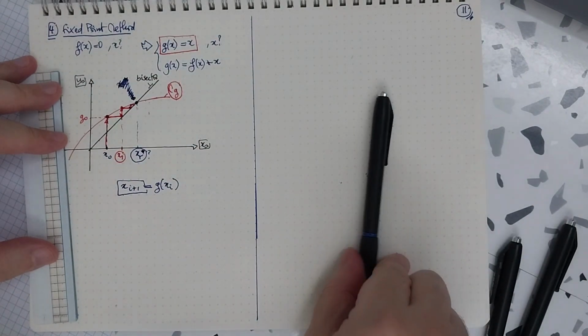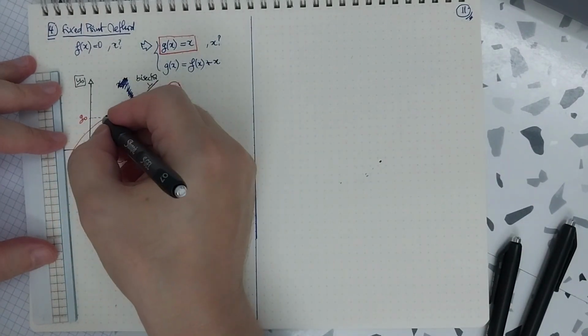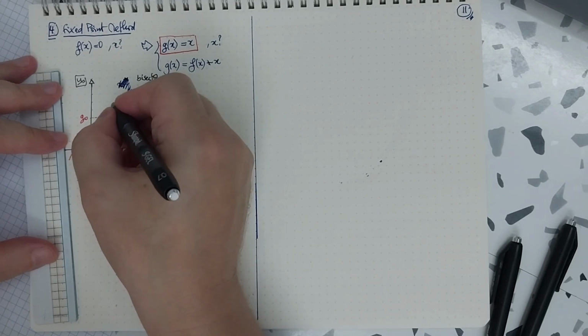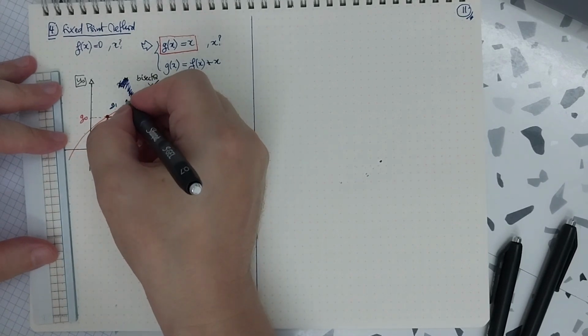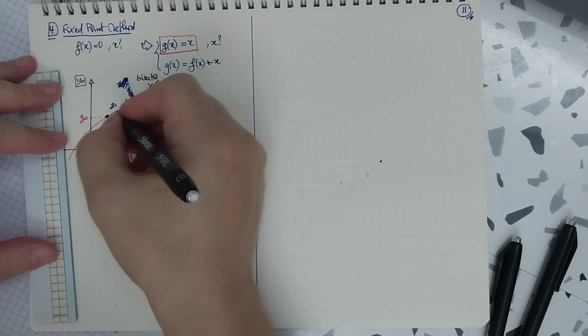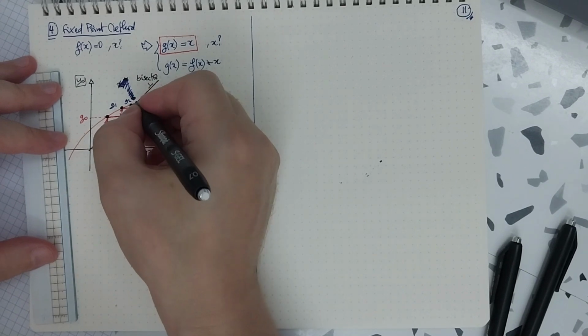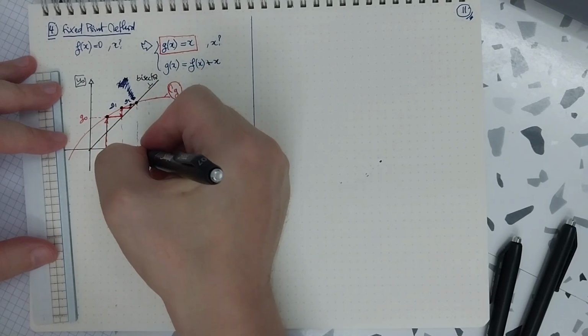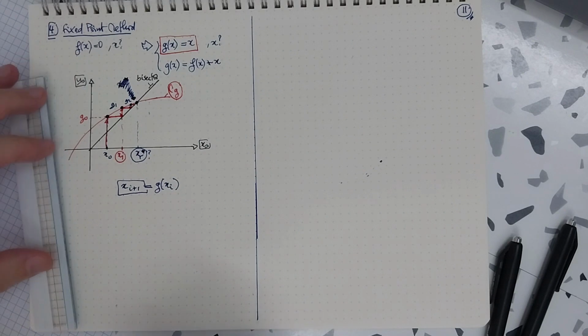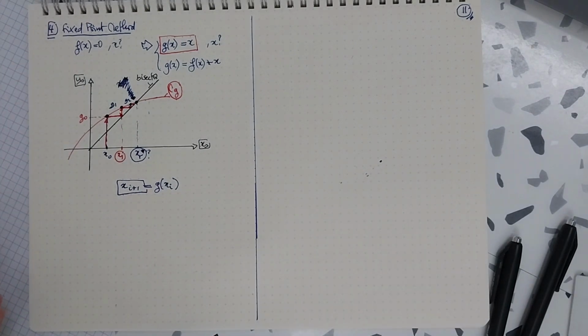So let's write it here. This is G0, this is G1, this is G2, and so on. And this point will be close to this point that gives us the solution.